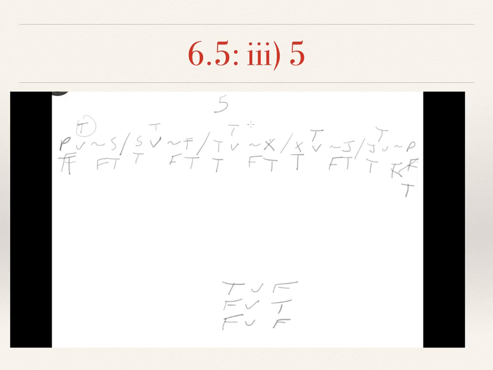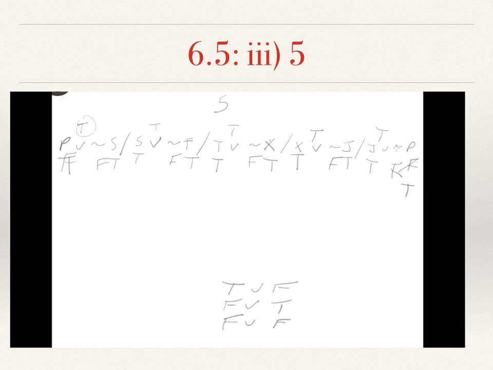So let me go back over that to show you what I did in case it was a little too fast. I started off with T for J, and I assumed, just for the sake of argument, that P was false. And when I worked it all out and plugged the false P back in, that made the whole thing false, which didn't work, so I needed P to be true instead of false.